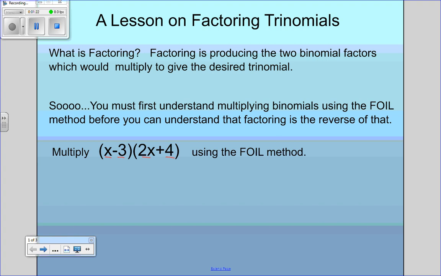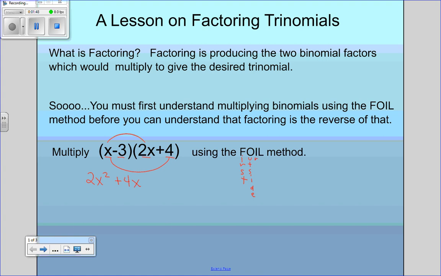F stands for first, and what that means is you multiply the first term times the first term. So you're going to get 2x squared when you multiply these. O means the outside. So you make sure that you get the outside terms multiplied. That's going to be a plus 4x.